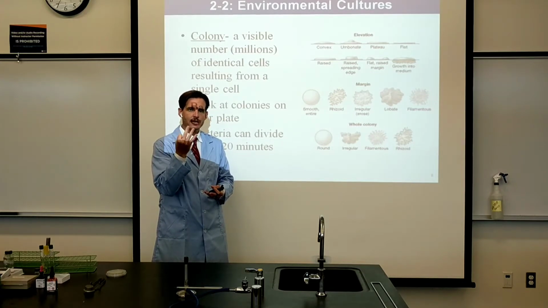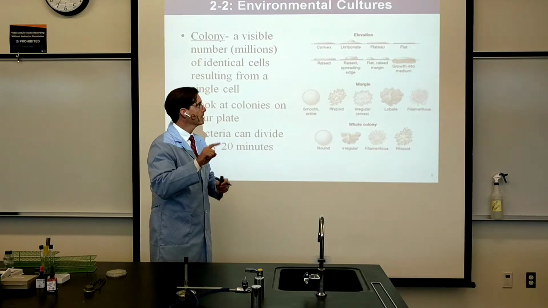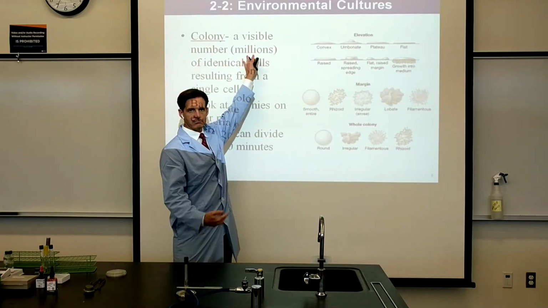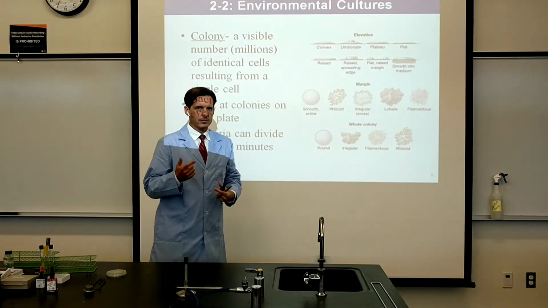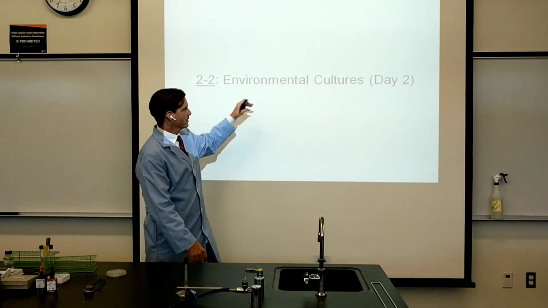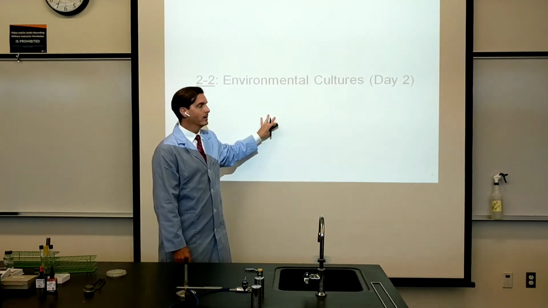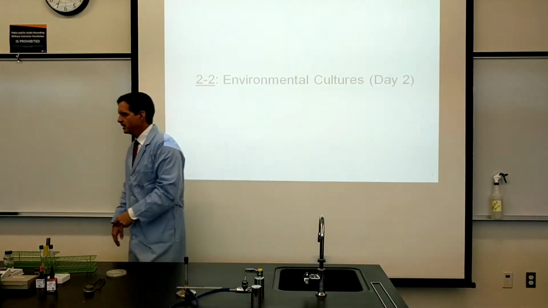So how many doublings would it take to go from one invisible cell all the way up to, let's say, 1 million? Now, think this exercise through in your head. I don't have it pre-prepared, but it shouldn't be that difficult.